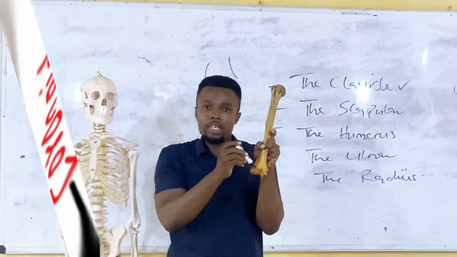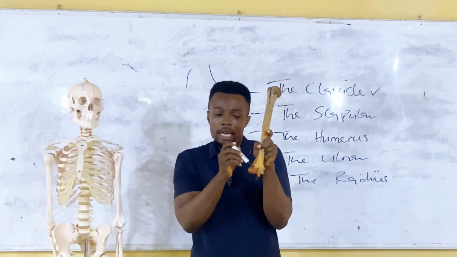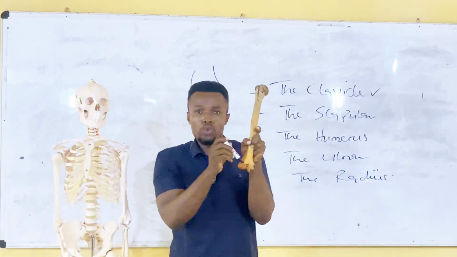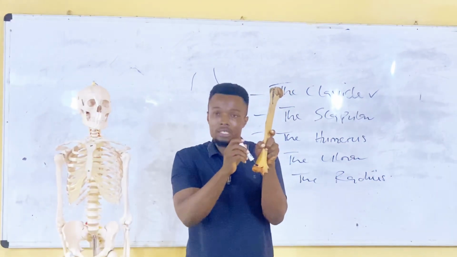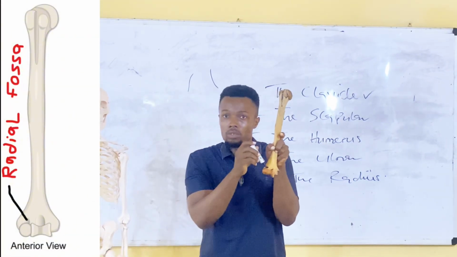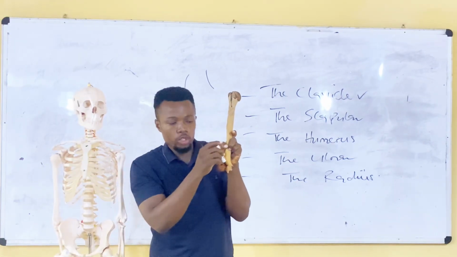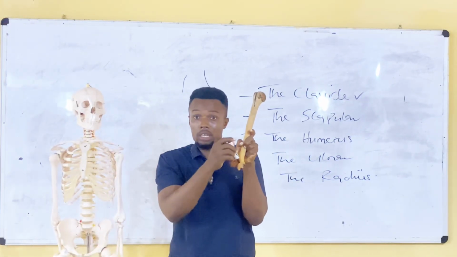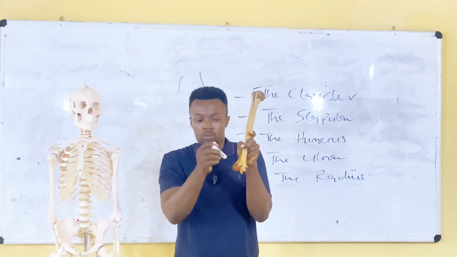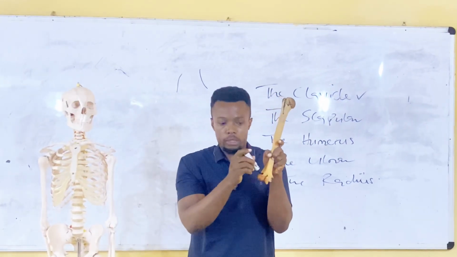Then coming to the capitulum, on top of the capitulum, there is another depression, which is referred to as the radial fossa. So the depression at the trochlear part is referred to as the coronoid fossa, while the depression at the capitulum is referred to as the radial fossa.